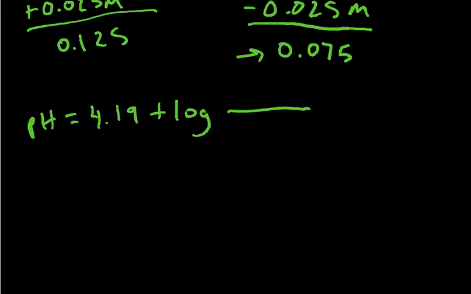Now, our base was 0.075 because we had to subtract the 0.025 moles from it. So 0.075 for our base. Our new acid is now 0.125.